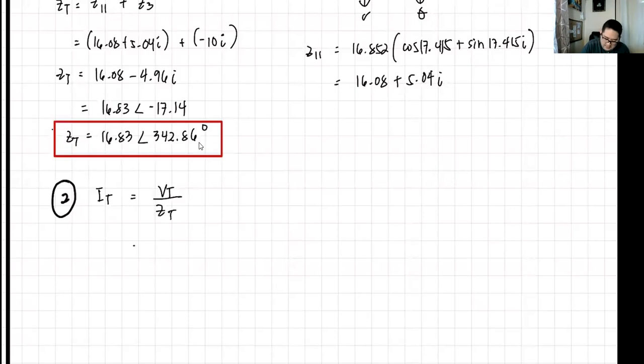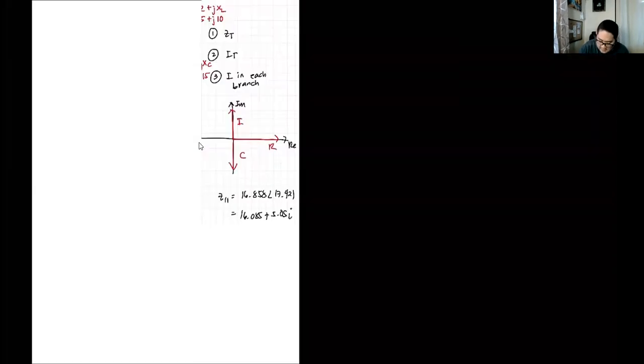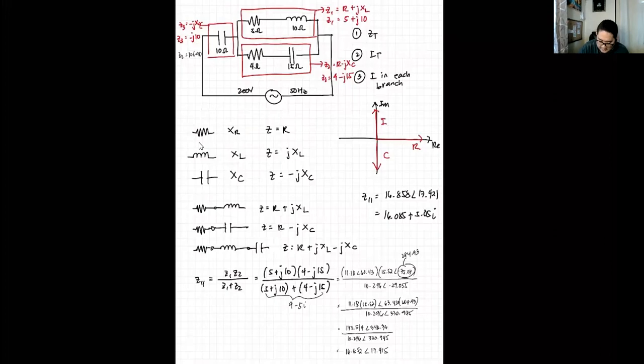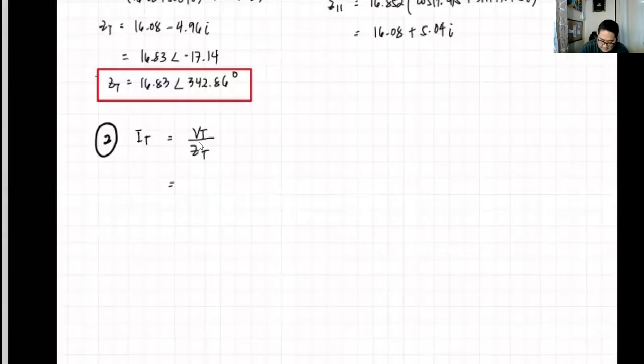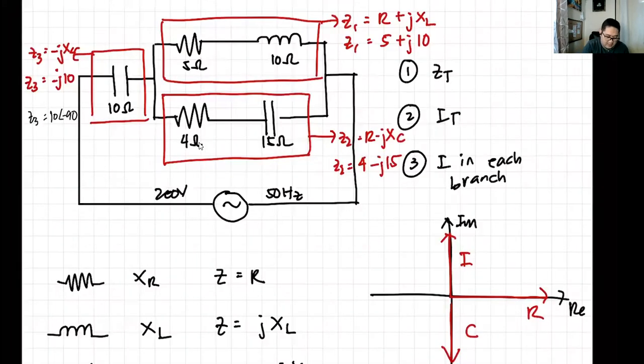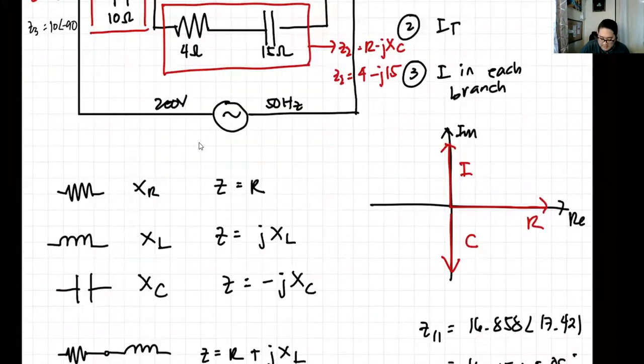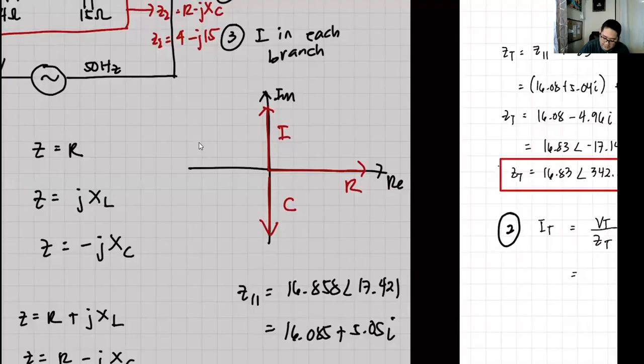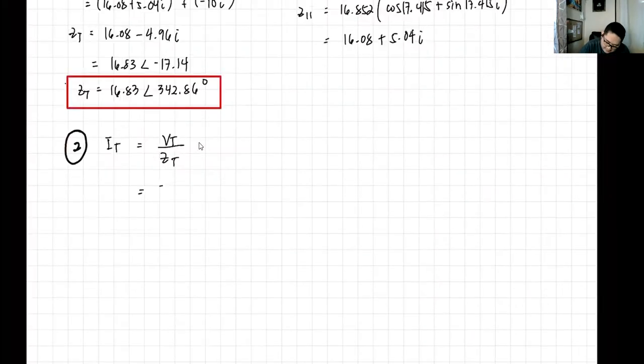Nakalagay doon sa problem, ang V total natin is 200, and then pag kinonvert natin siya sa complex, yung angle niya is assume nating 0, no? So ibig sabihin 200 angle 0 over yung 16.83 angle 342.86. Okay?